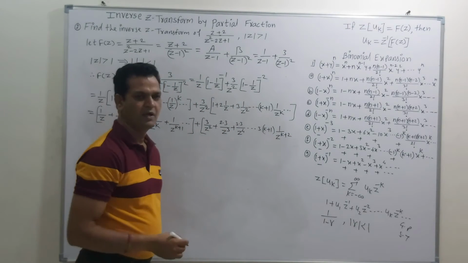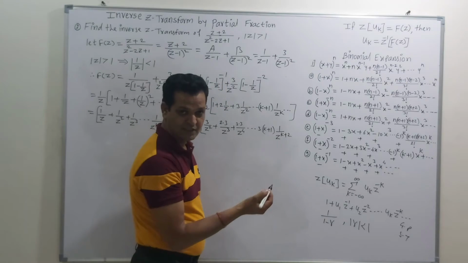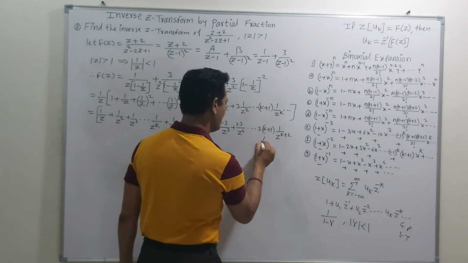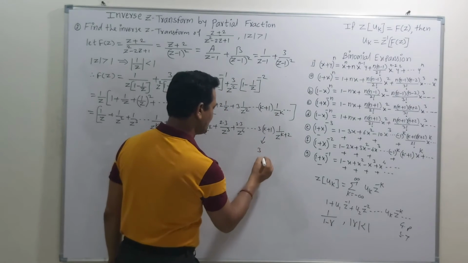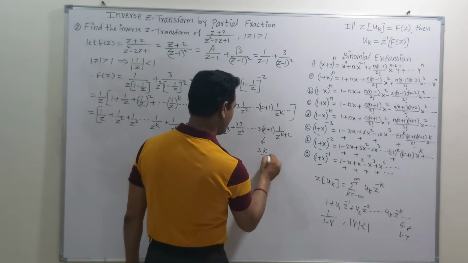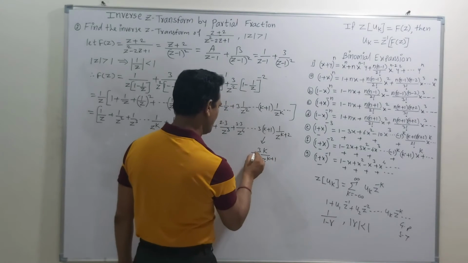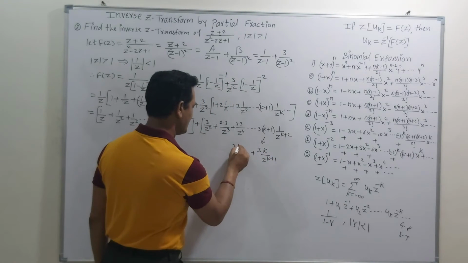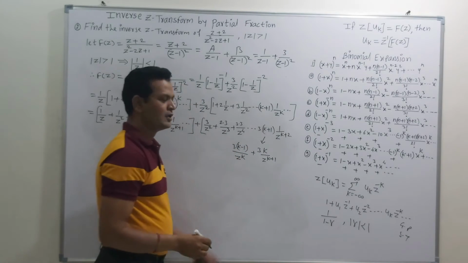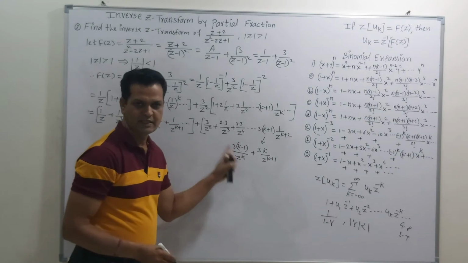Friends, please try to understand that our interest is to get the value of z raised to k. Here we get z raised to k plus 2. So if we write the previous term, it is 3 into k upon z raised to k plus 1. Writing the previous term again, this is 3 into k minus 1 upon z raised to k. So this is the kth term, because our interest is in this kth term.